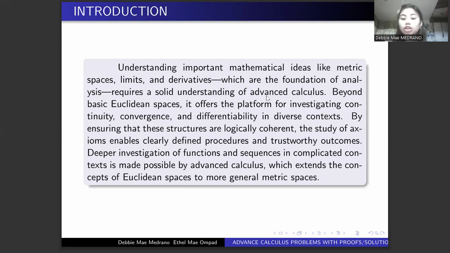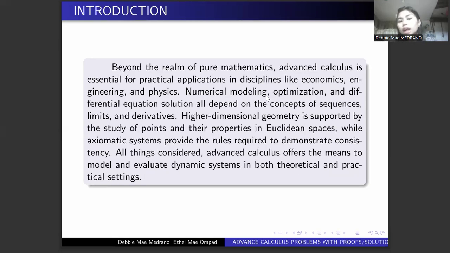Deeper investigation of functions and sequences in complicated contexts is made possible by advanced calculus, which extends the concept of Euclidean spaces to more general metric spaces. Beyond the realm of pure mathematics, advanced calculus is essential for practical applications in disciplines like economics, engineering, and physics.